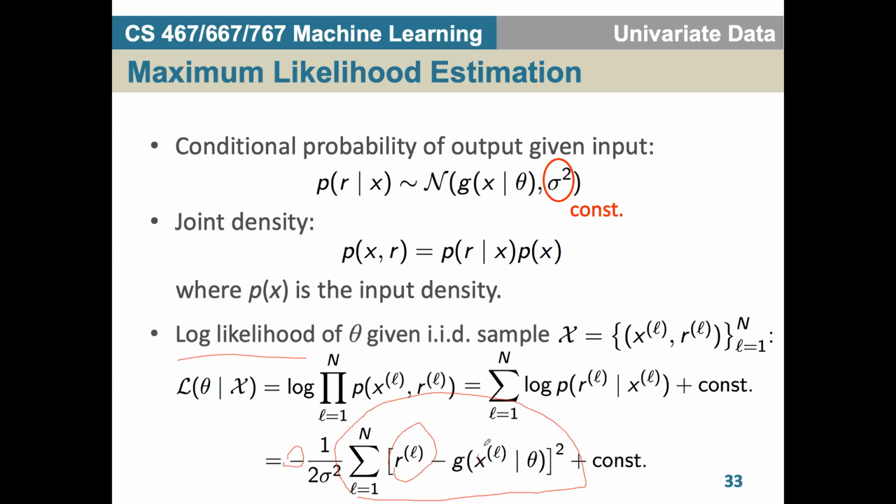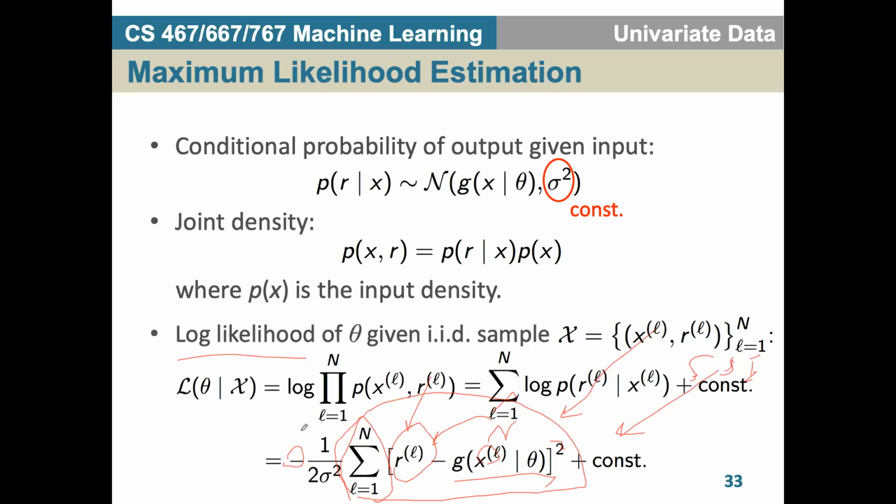If you see x, the true value is this, and this is your guessed value, r hat. So what's this term? This term is the error you have, how far away your guess is from the true value. You square it, so this is squared error, and you take the sum. So this term is really the sum of squared error, SSE. If you further divide by n, then it becomes mean squared error.